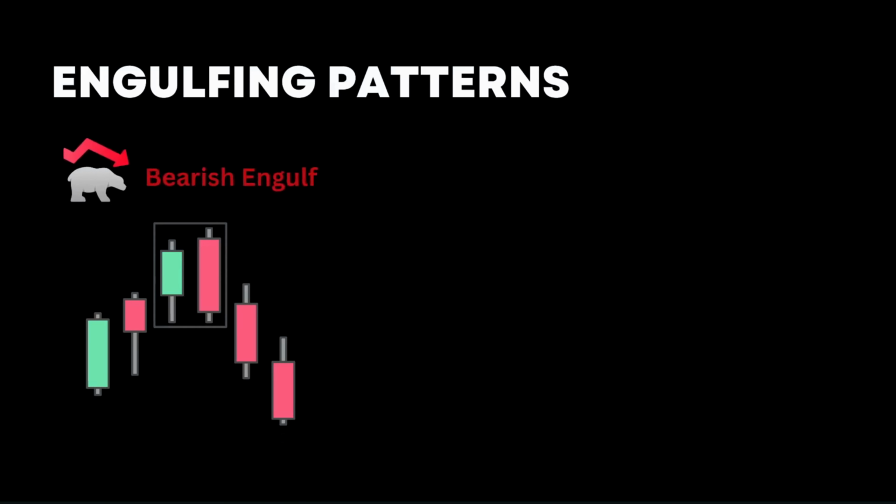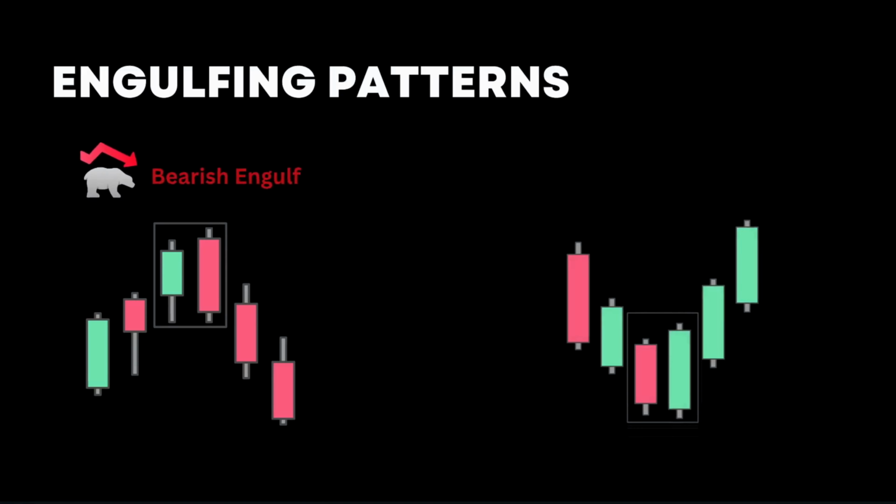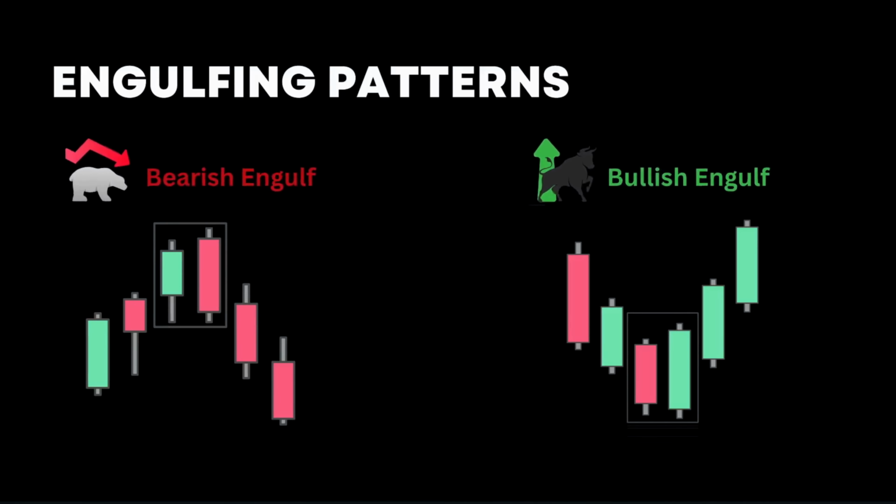This is called a bearish engulfing. The next one is a bullish engulfing, which means you get a smaller red candle, and then it is engulfed by a larger green candle. This means the buyers are taking over control and you're going to see upward momentum in the price.